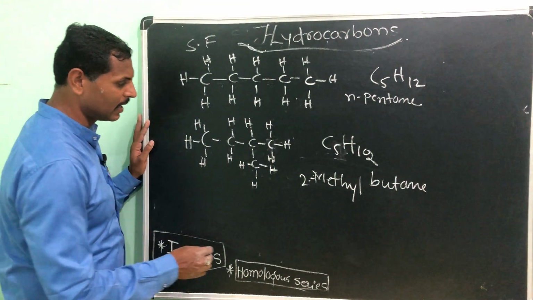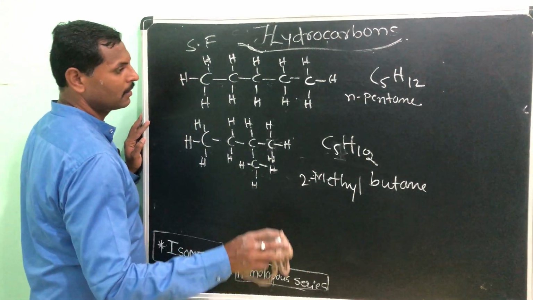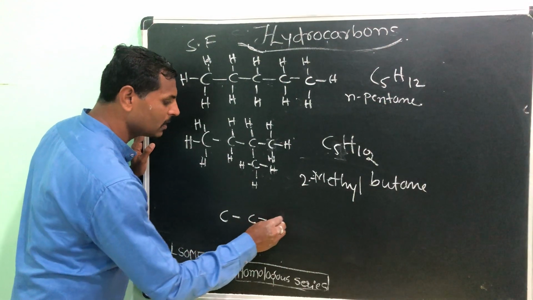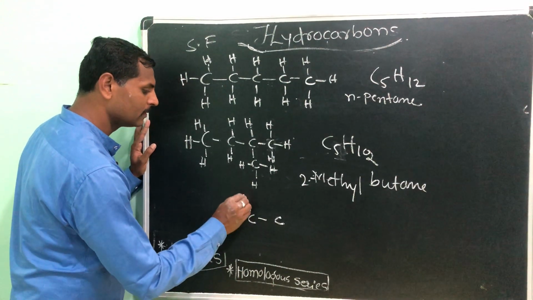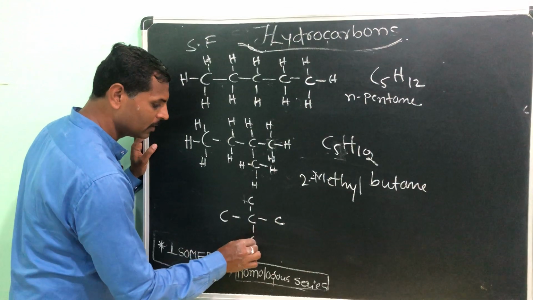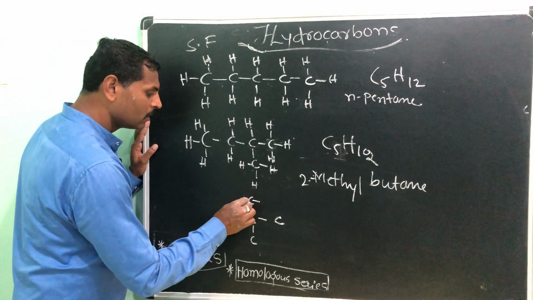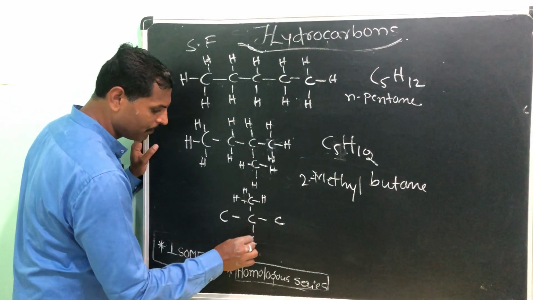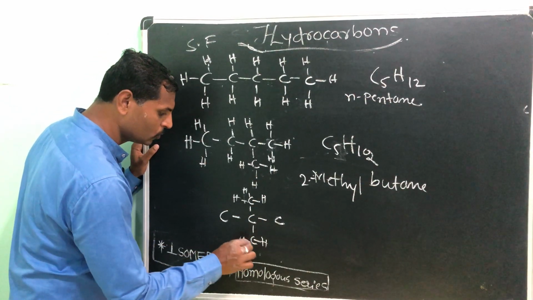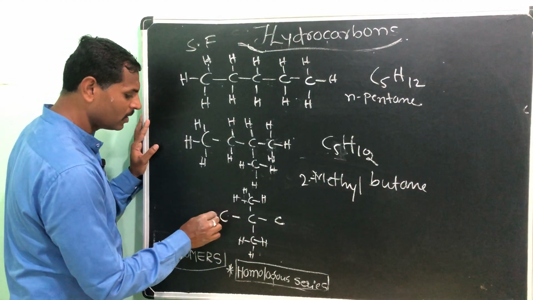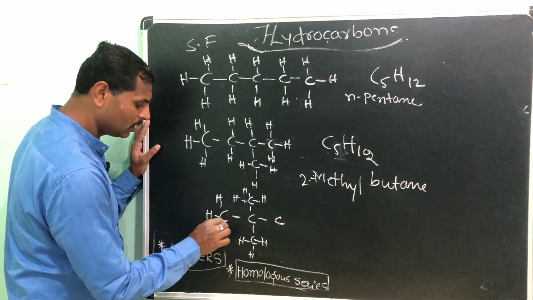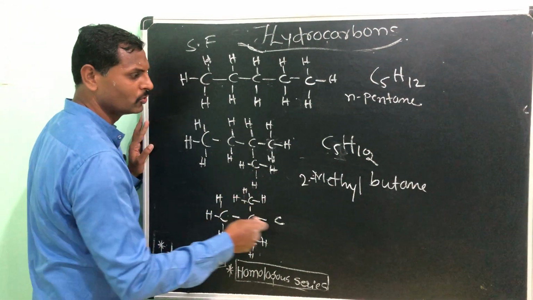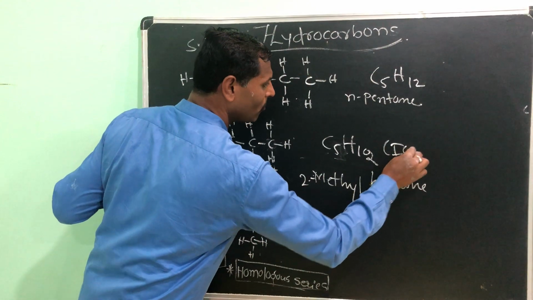One more you can see here. I will write here only, 1 2 3 only. Take one more here, 1 2 3 4, 1 2 3 4, 1 2 3 4. You can write isopentane for this also, no problem, but simply I have told you isopentane, you can write one more name for this.